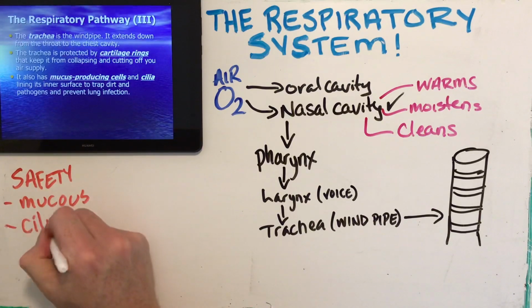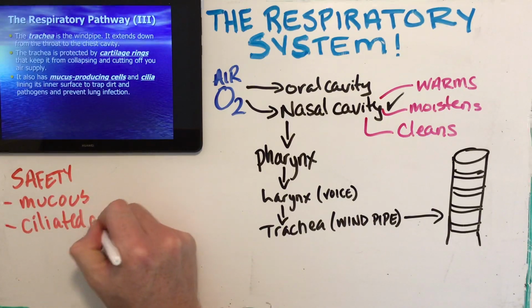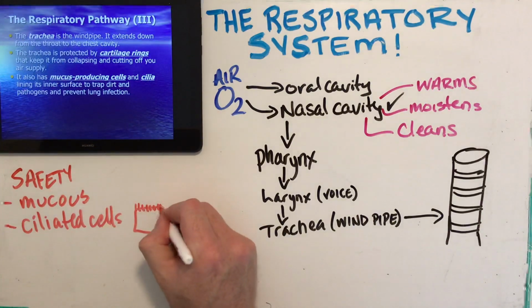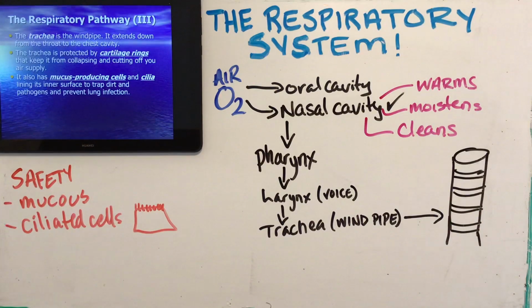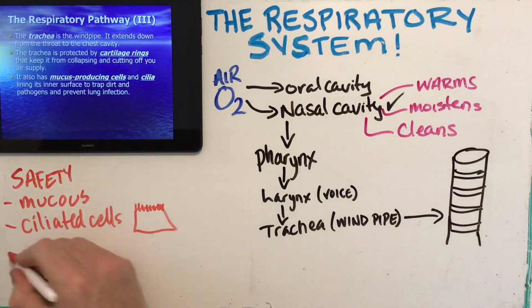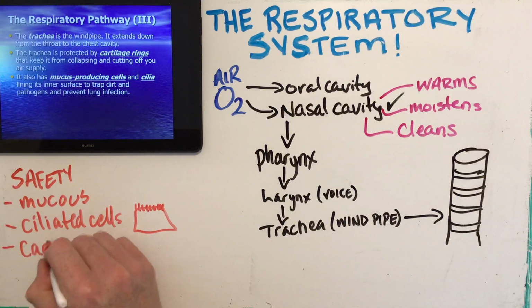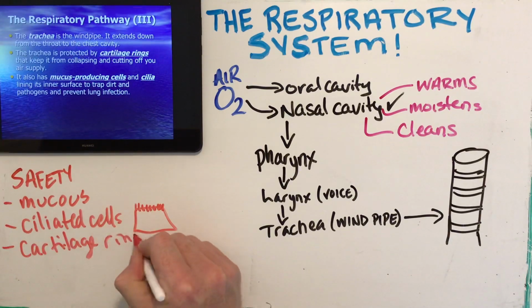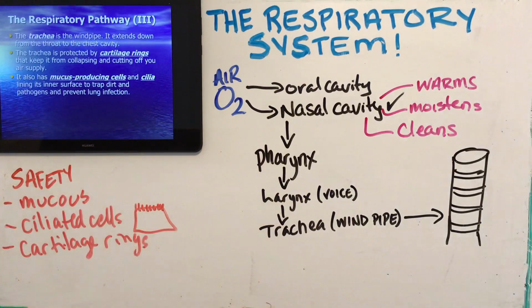We know there's ciliated cells, right? A ciliated cell would have a whole bunch of cilia on its surface. And we have the cartilage rings, right? These are all safety measures built into our respiratory system.